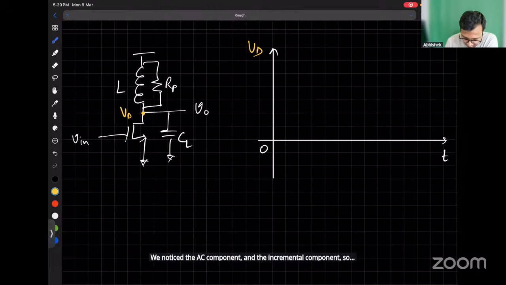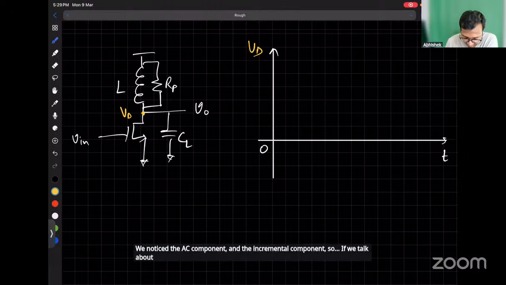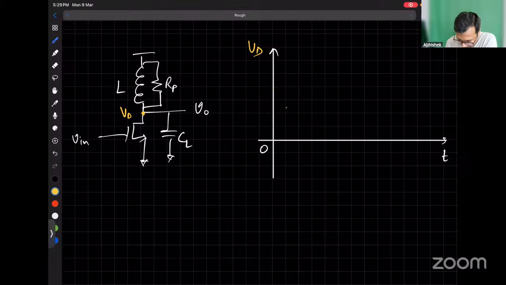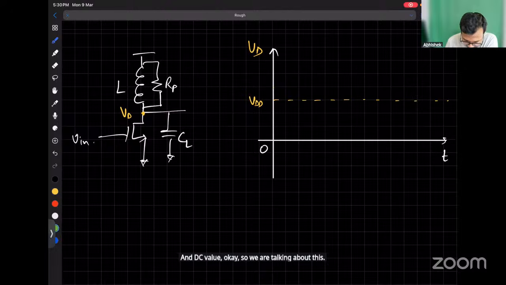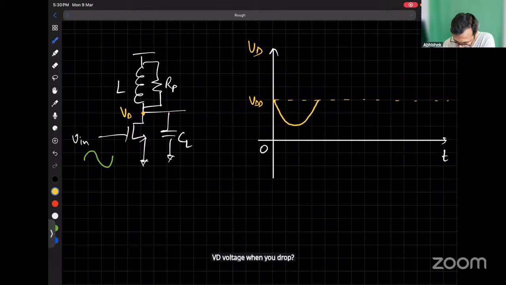The drain voltage has AC plus the DC. We can also show that some V in has been applied like this. So what happens is this VD is at VDD to start with. As the input increases, your VD voltage is going to drop. And then again, it is going to follow like this.